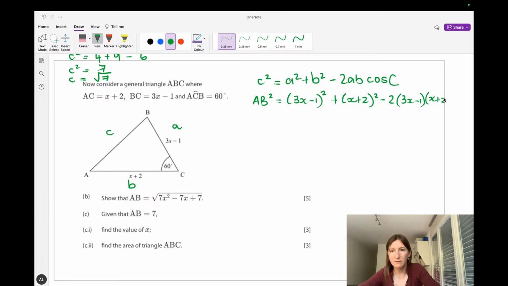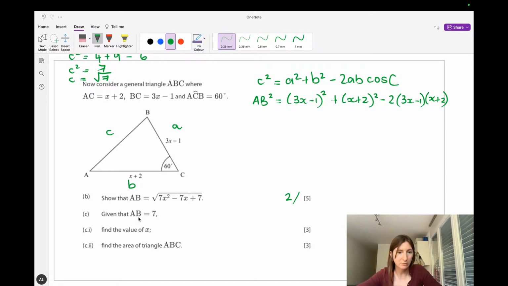Trust the process. Even if you are unsure of how to multiply this out, or if you don't have time, or if you just can't be bothered in your exam, at least substitute into the formula. And the nice thing is that it's a show that question. So if you just substitute into the formula, you can get at least 2 marks out of 5. And if you don't have time or you can't make it look like that, that's okay, because you can use what you have here to get this possibly.